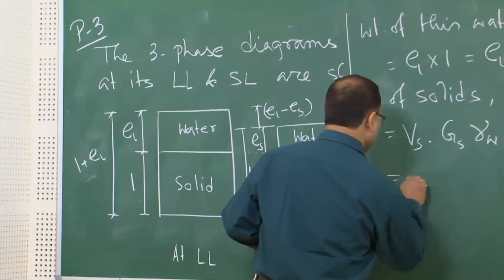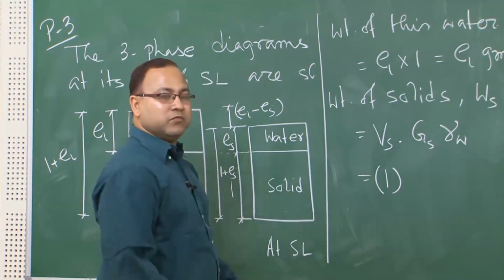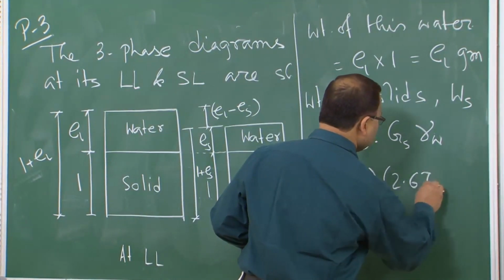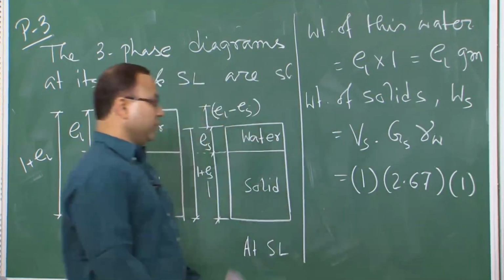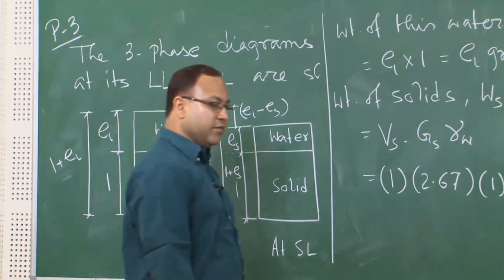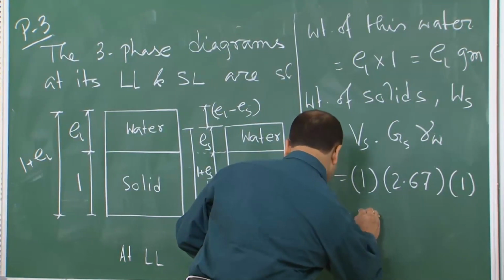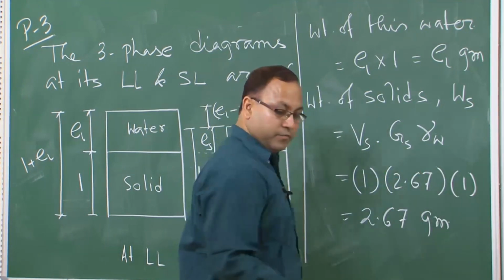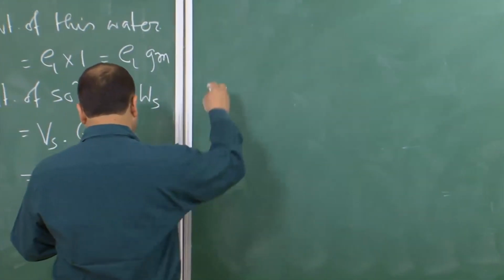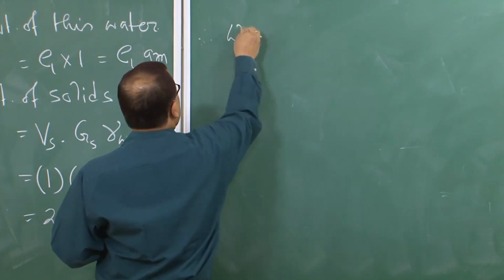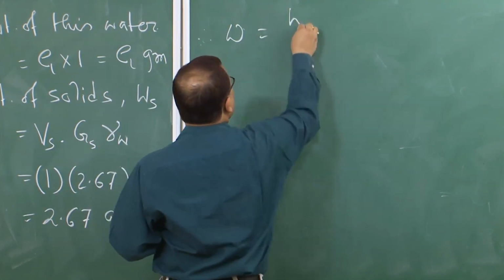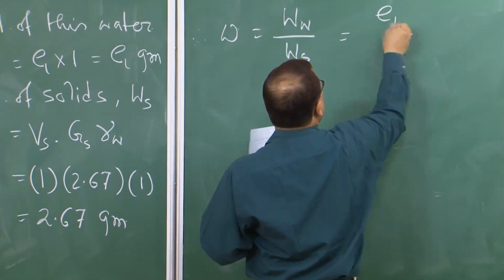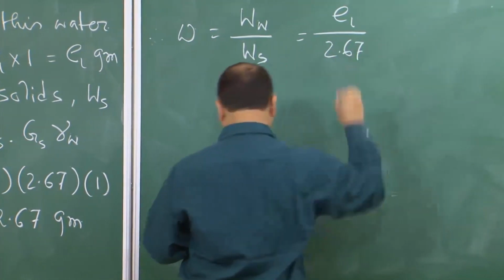So, if you put the values, what is the volume of solid? We have considered unity. So, 1 multiplied by 2.67 multiplied by 1. 2.67 is the specific gravity as given in the problem. So, it is coming to 2.67 gram. So, your water content w is given by Ww by Ws, which is nothing but EL by 2.67.